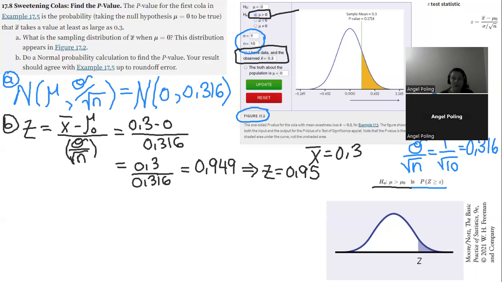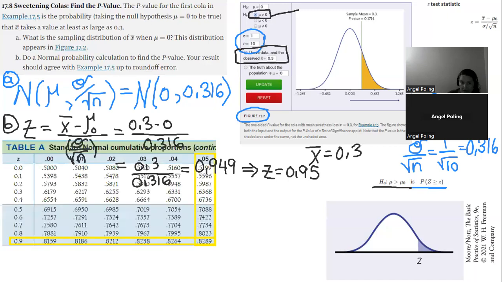Now we need to go to our table A here and find our 0.95. So our z-score gives us an area of 0.8264. But the table gives us the area to the left of this mark. We need the area to the right.